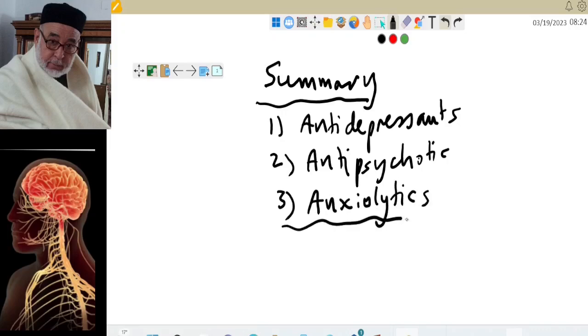We classified anxiolytics, drugs which relieve anxiety, into benzodiazepine anxiolytics and non-benzodiazepine anxiolytics.